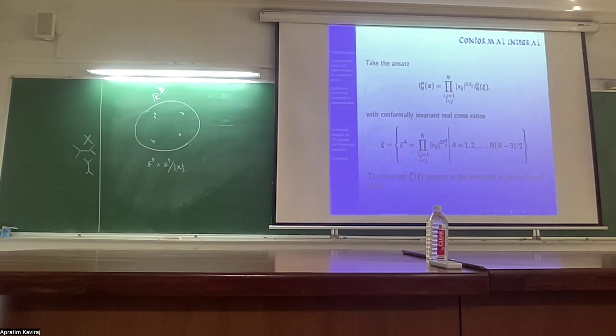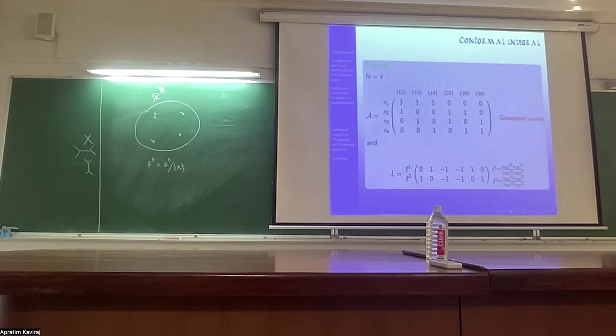Now, as this is related to Jyotirmoy's question, I take this as an answer. I know that there will be an invariant part. This is what is going to contribute directly to the conformal block.